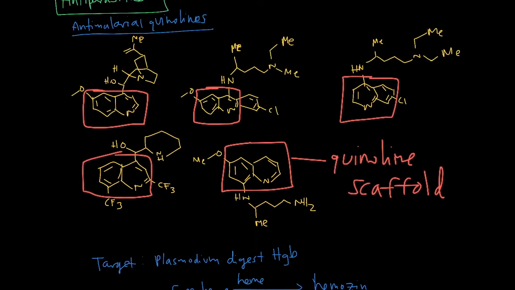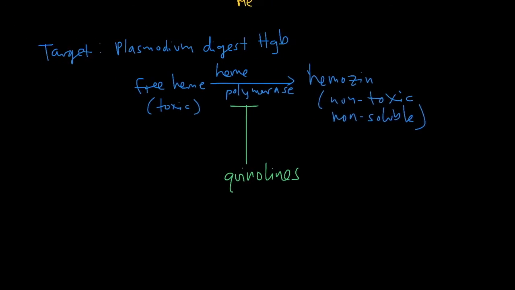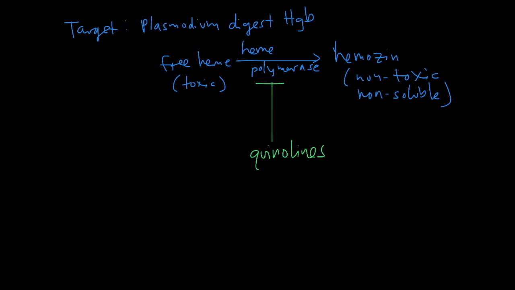And the way that your quinolines work is the following. Plasmodium is a parasite that digests hemoglobin. And when you digest hemoglobin, you release heme, which is basically a group that contains iron. So if you release heme, you have free heme, which is actually toxic to Plasmodium.